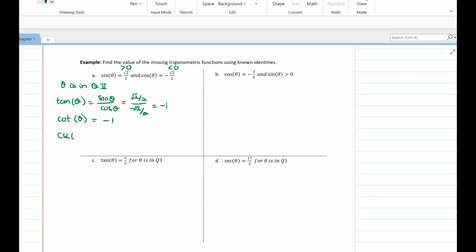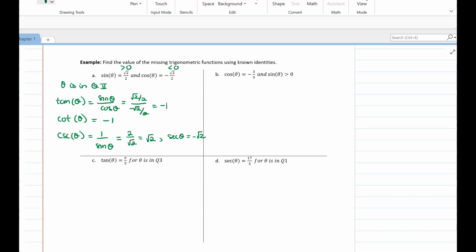Cosecant of theta is 1 over sine of theta, so that is 1 divided by root 2 over 2. That is 2 over root 2, which equals root 2. And secant of theta is equal to negative root 2.